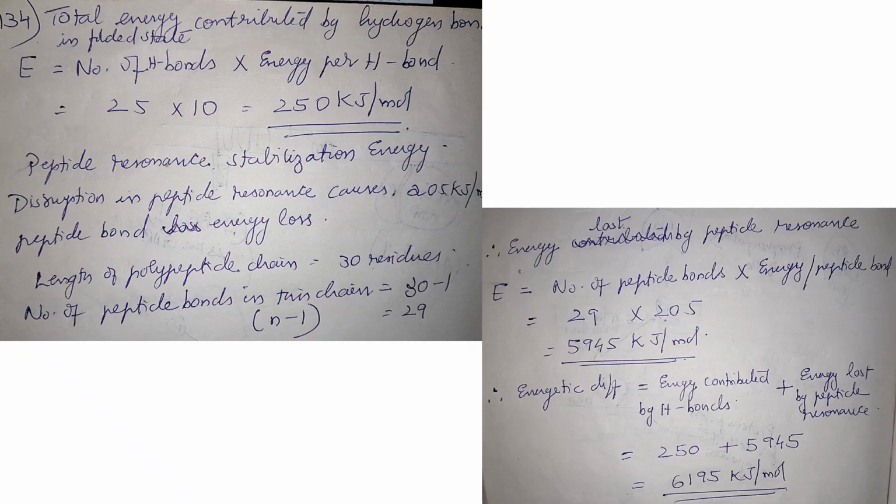So the energy lost by peptide resonance is the number of peptide bonds times the energy per peptide bond. So 29 times 205 kilojoule per mole. Now the energy difference is the energy contributed by hydrogen bonds plus the energy lost by peptide resonance, that is 6195 kilojoule per mole.